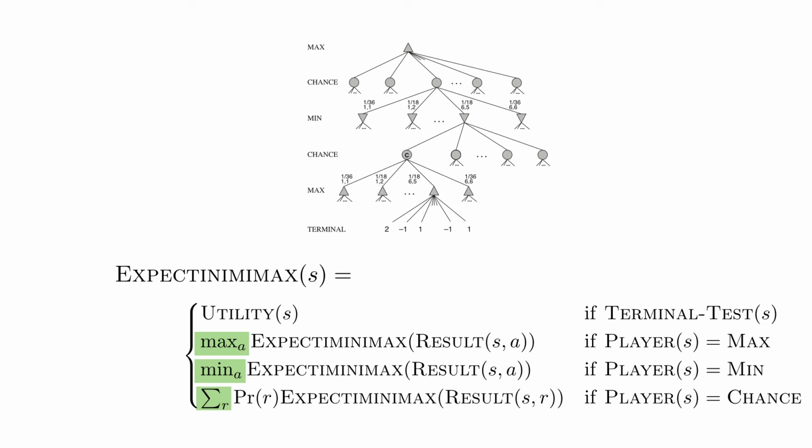And we've alleviated the time complexity for minimax by doing alpha beta pruning. But can we do that here? It seems on the surface that it would be a lot harder, and in many ways it is.